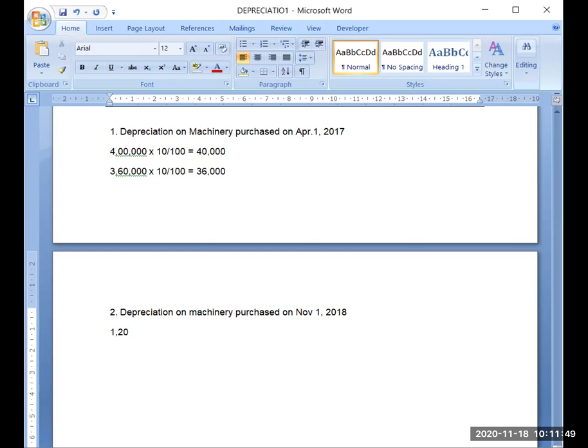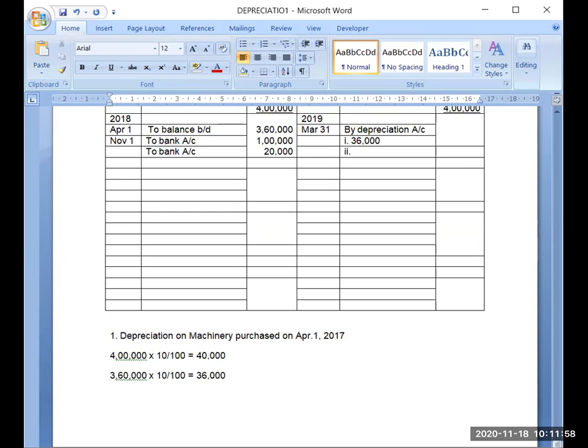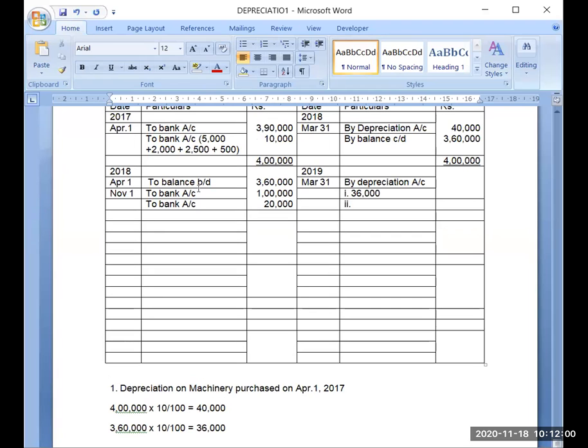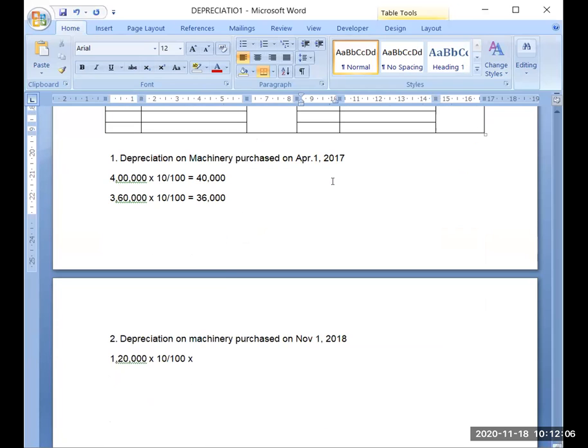Cost is 1,20,000. Rate of depreciation is 10%. Now we have to count the time. Time is November 1 to March 31st. So November, December, January, February and March. It will be 5 months. So time will be 5/12.